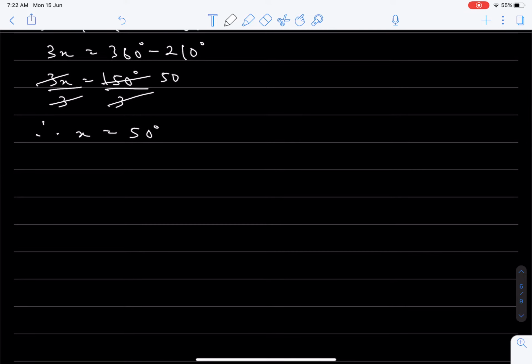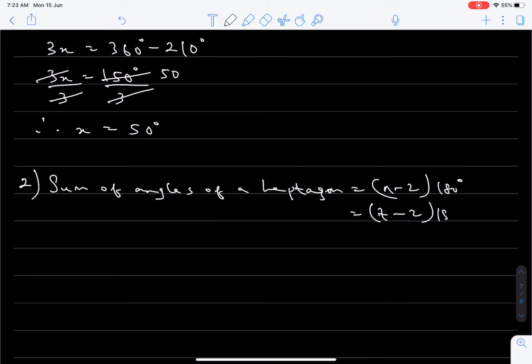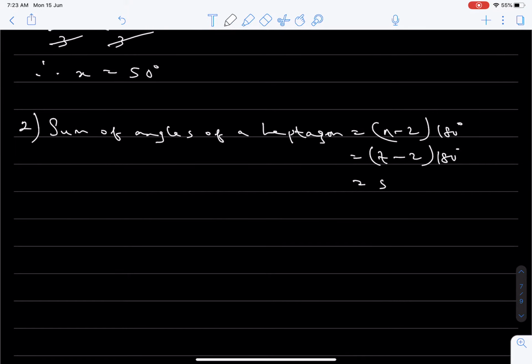Alright, so number 2, sum of angles of a heptagon. Sum of angles, of course, interior angles, is given by the formula n minus 2 times 180 degrees, which means 7 minus 2 times 180 degrees, and that's 5 times 180 degrees, which is 900 degrees.